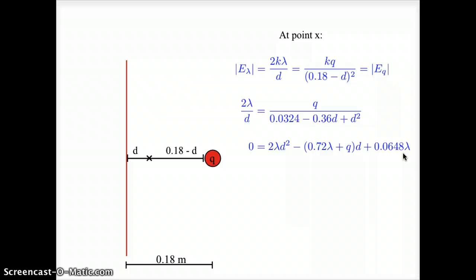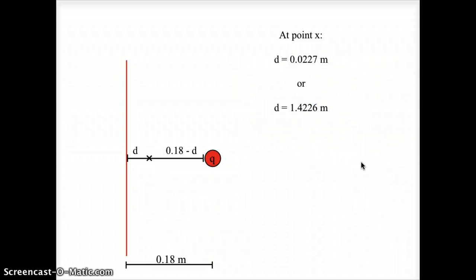When I put it in my calculator, plug in the values for lambda and q, which we know, and solve for d, it's a quadratic equation, so I get two values. I get that d could either be 0.0227 meters or it could be 1.4226 meters.